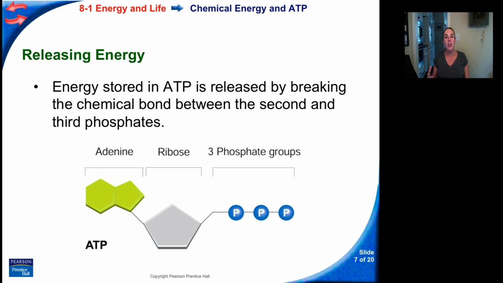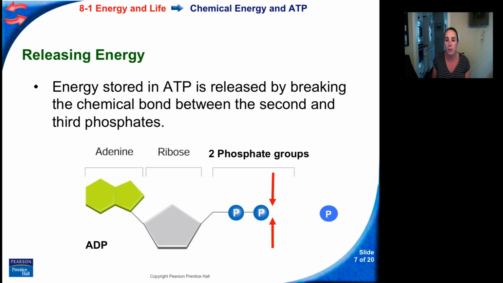Releasing the energy from this battery takes only breaking the chemical bond between the 2nd and 3rd phosphates right here. This will release the energy from the ATP molecule. Boom, energy. Now we're back to ADP. We've used most of the energy of the battery once we go back to ADP.